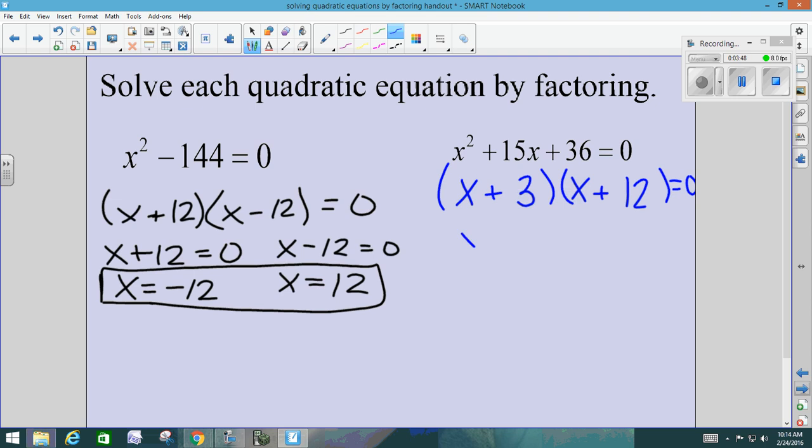Once you have it factored, set what's on the inside of the parentheses equal to 0. And you get the solutions of x equals negative 3 and x equals negative 12. When you plug those back in, you would get 0.